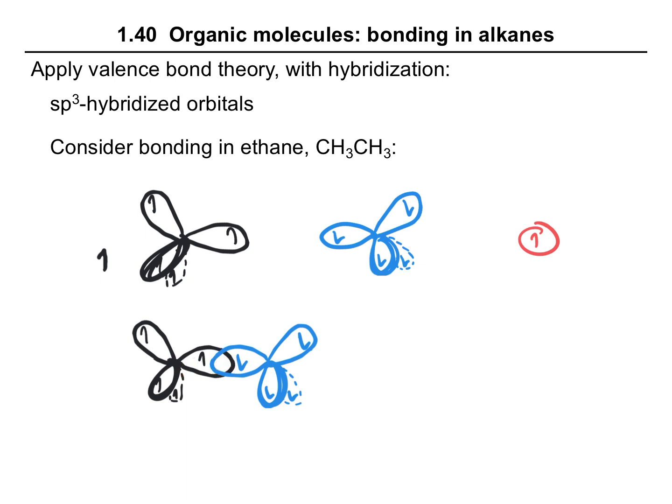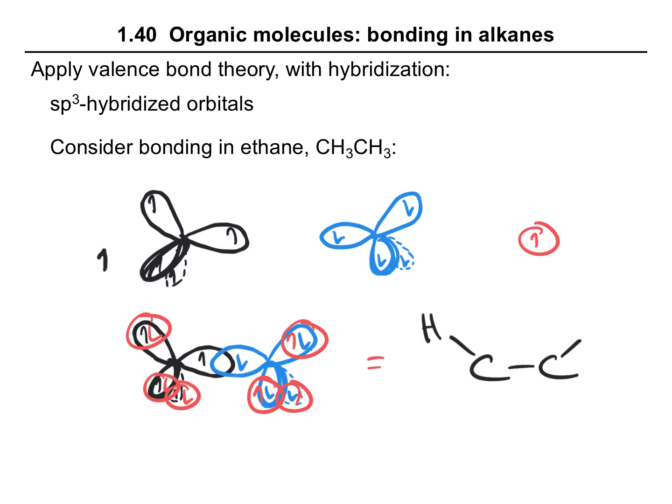This orbital is overlapped with this orbital, but the other orbitals can overlap with hydrogens. So here's our hydrogen, here's a hydrogen, here's a hydrogen, here's a hydrogen, another hydrogen, and another hydrogen. In other words, we have a carbon-carbon single bond.